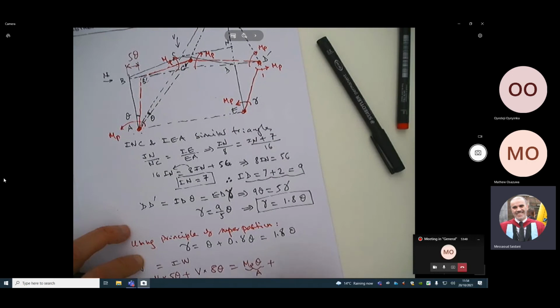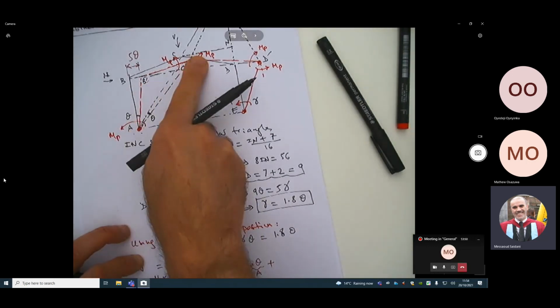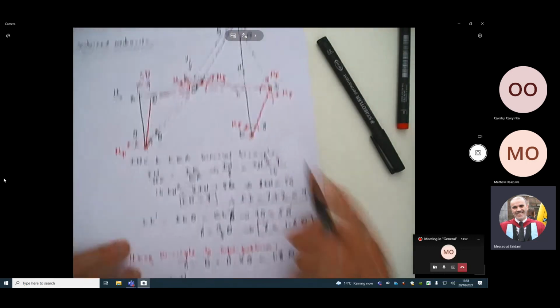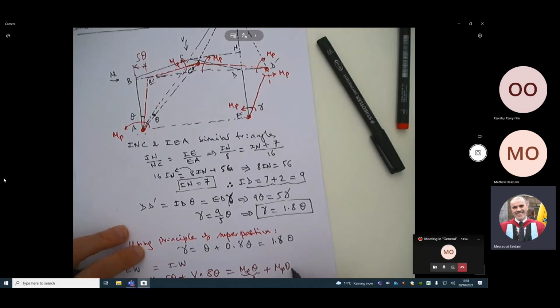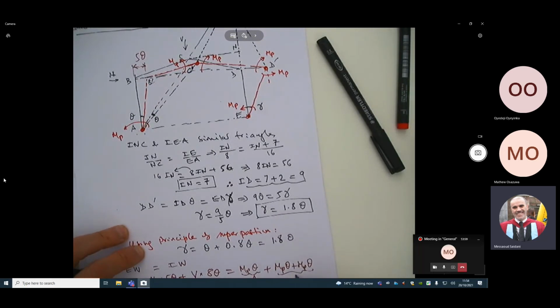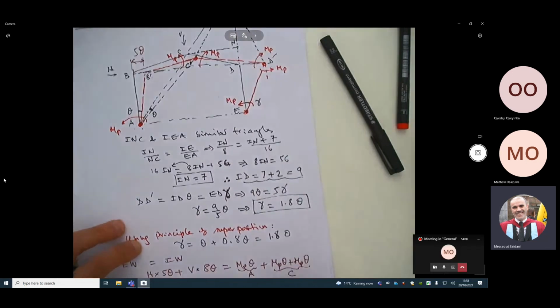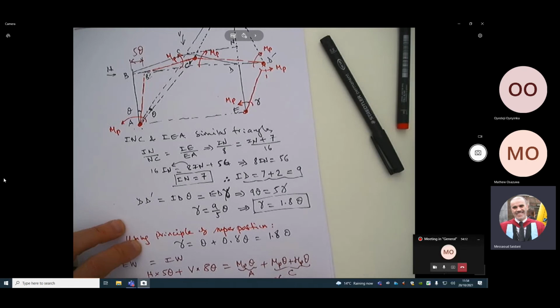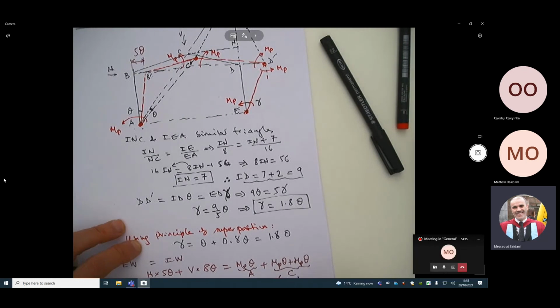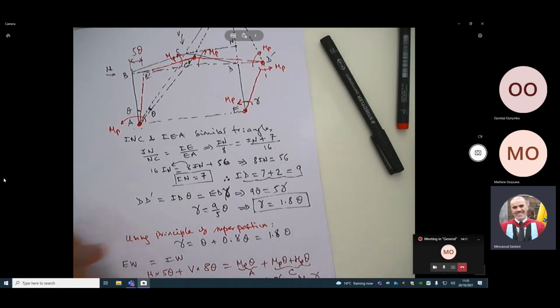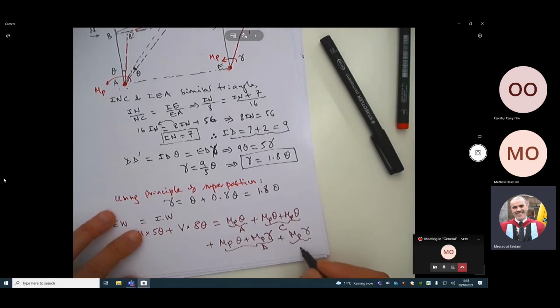At B there is no hinge. At C we have MP theta and MP theta. For joint D, we have MP theta and MP gamma. And finally, at E, we have MP gamma.